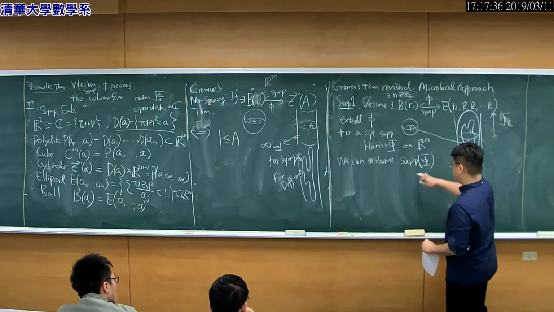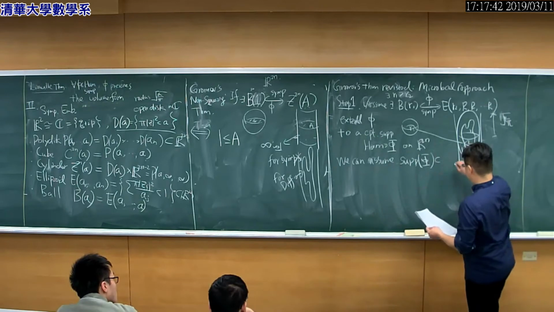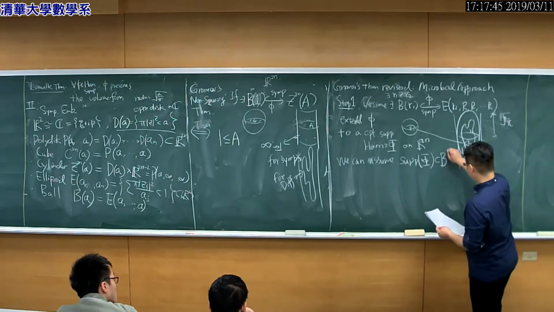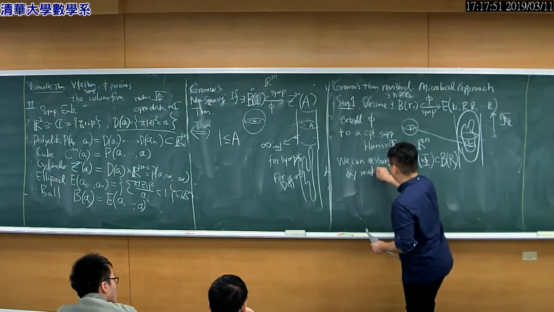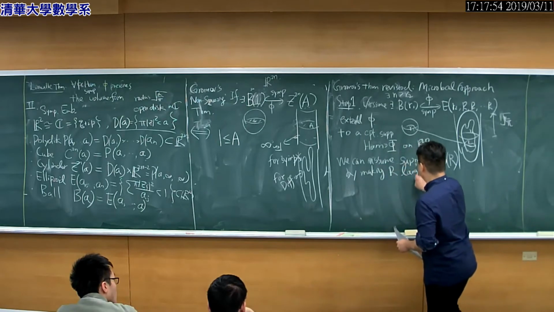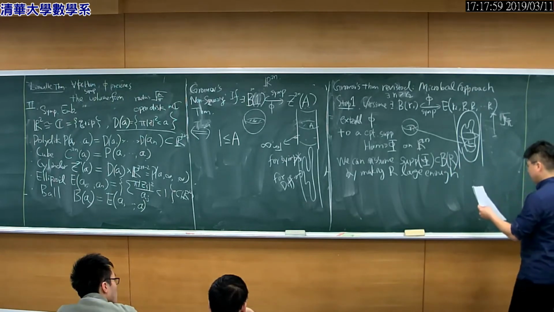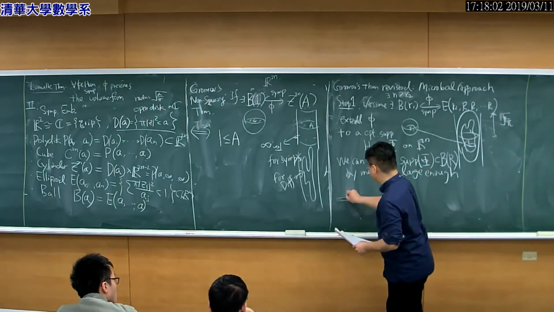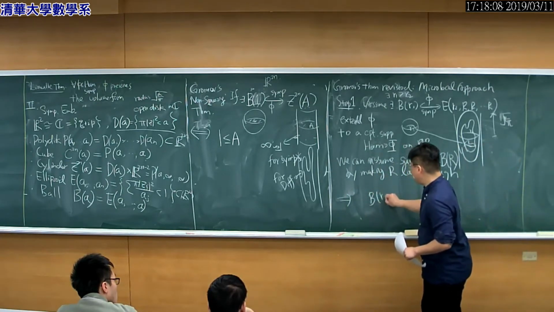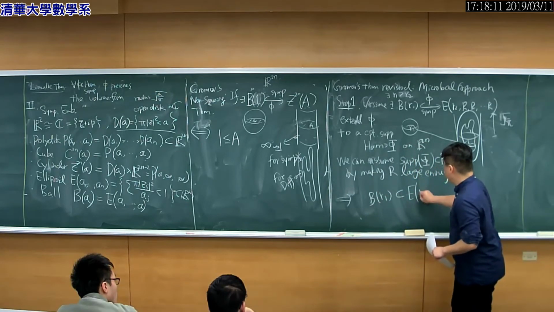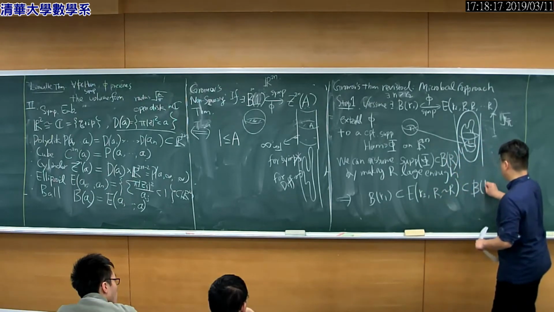So we can assume that this one is contained, because everything is bounded and compact, contained in E_R by making R a larger number. Okay. Which means that we have a sequence of inclusions. So B1 includes into E, R2, R, to R. Okay.